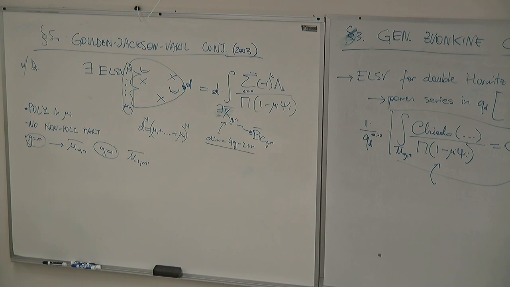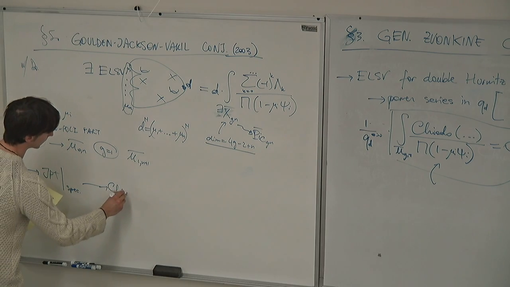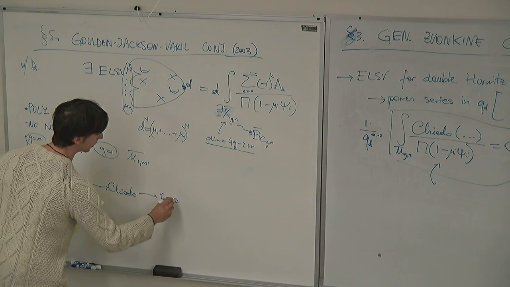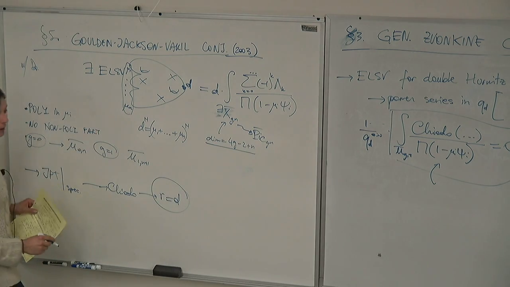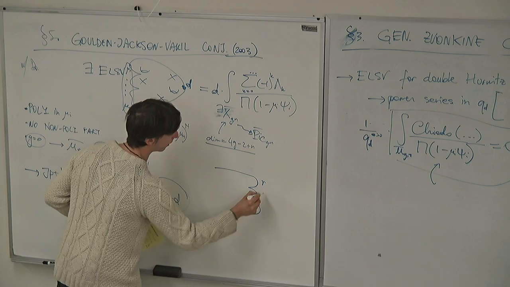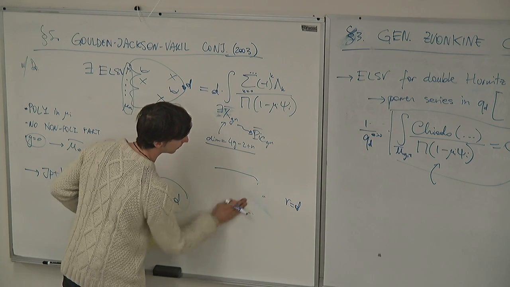I will finish. One thing that you can do is take the Johnson-Pandharipande-Tseng formula, specialize it like before, express it in Chiodo classes, and then put the orbifold parameter equal to the degree. Think that you have something that is r. Now you impose that r is equal to D, and therefore you only have one.